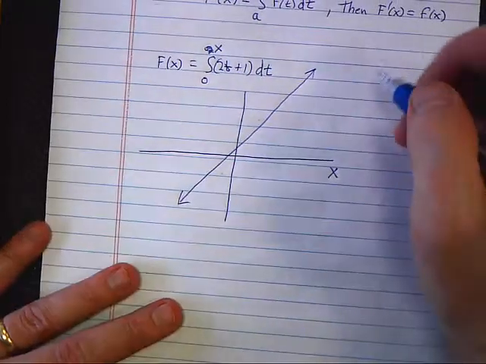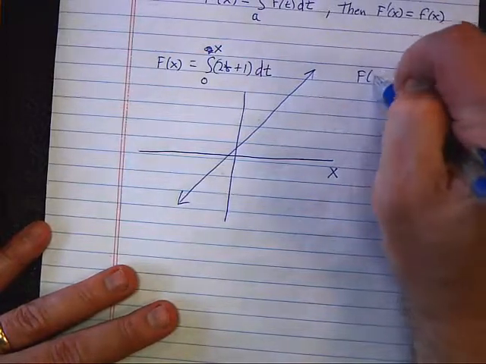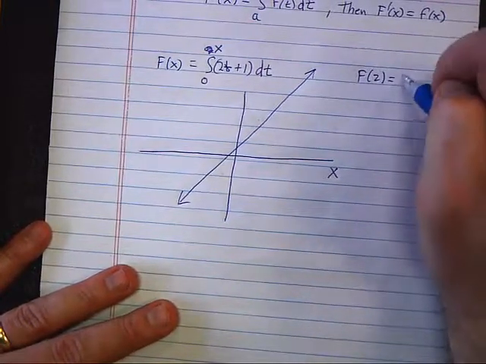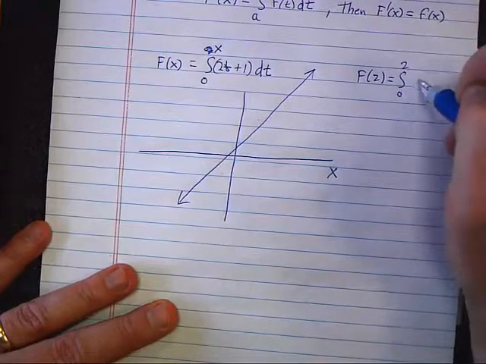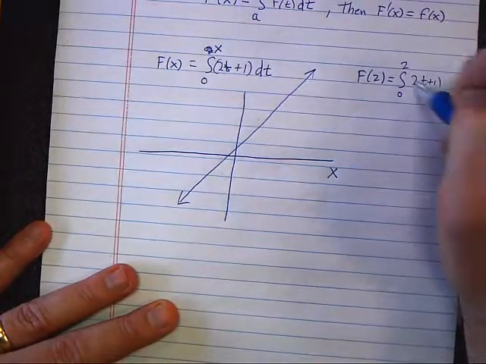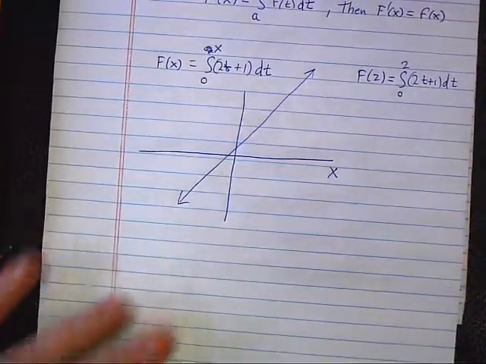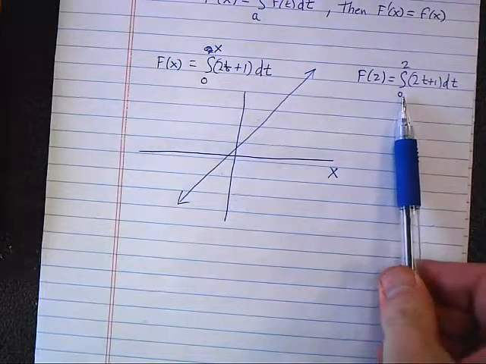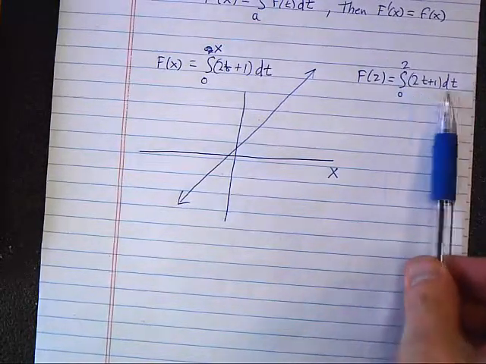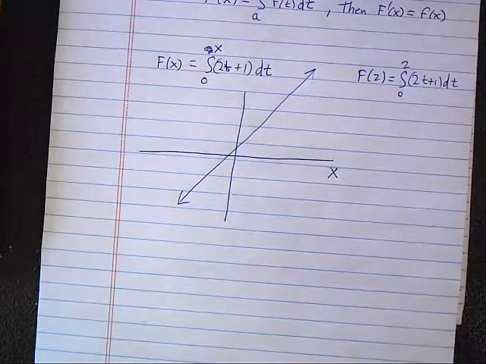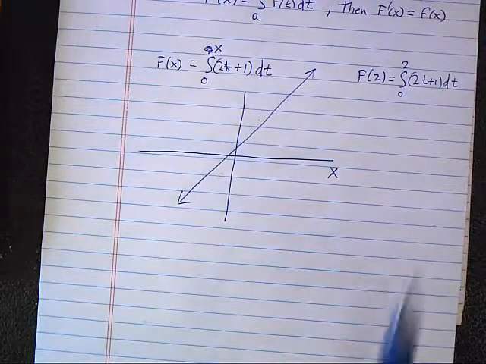So in this function, F at 2 would be the integral from 0 to 2 of 2t plus 1 dt. What does this symbol mean, the integral from 0 to 2 of 2t plus 1 dt? What does that have to do with this picture?